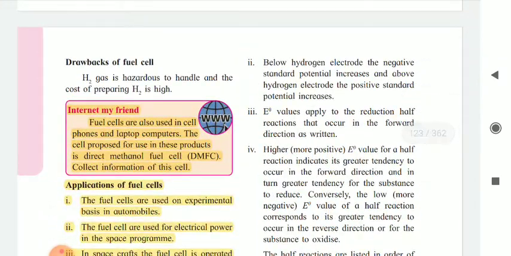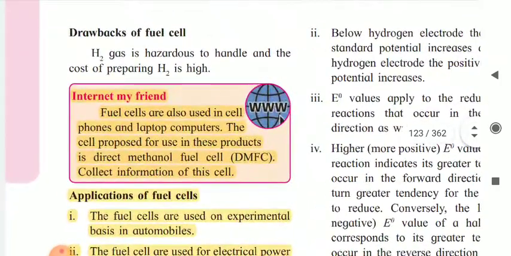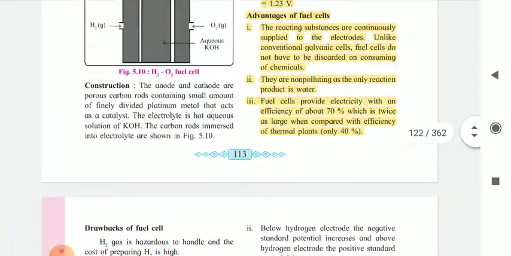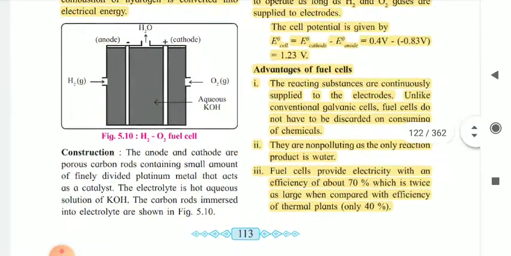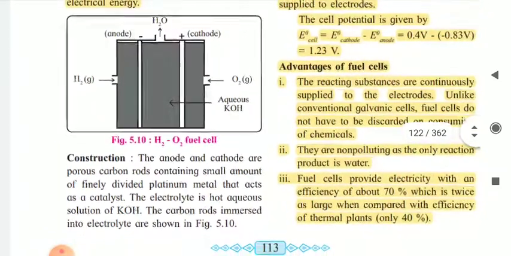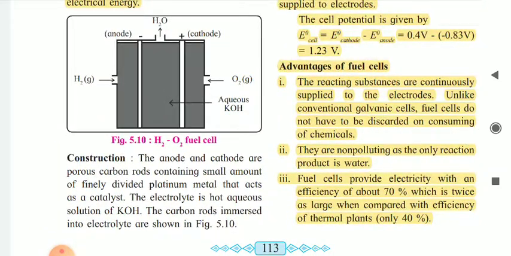Now we will see some drawbacks of fuel cells. Before going to that, this diagram as well as construction is present in your syllabus. So anode and cathode are porous carbon rods for the H2O2 fuel cells, and these carbon rods contain a small amount of finely divided platinum metal that acts as a catalyst.